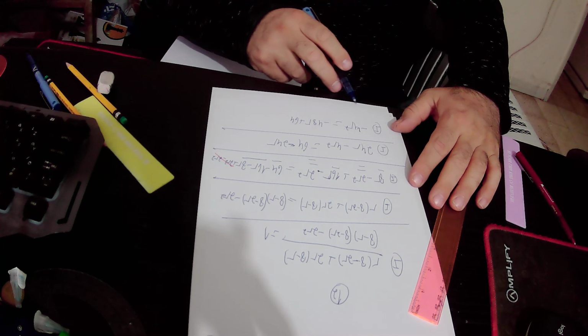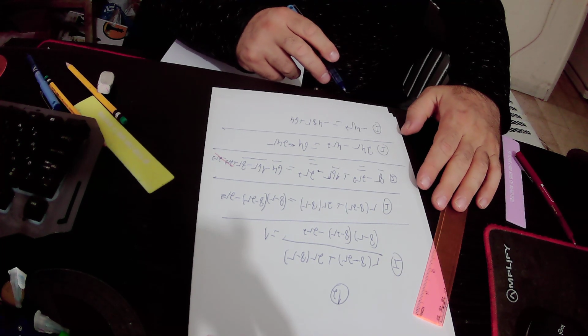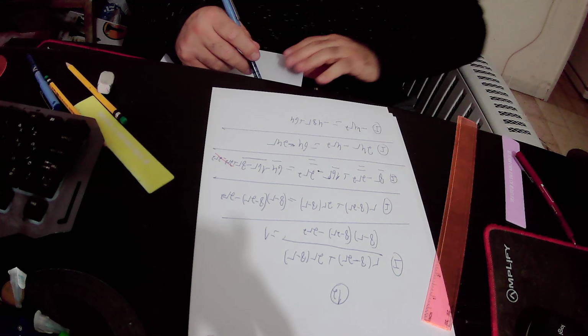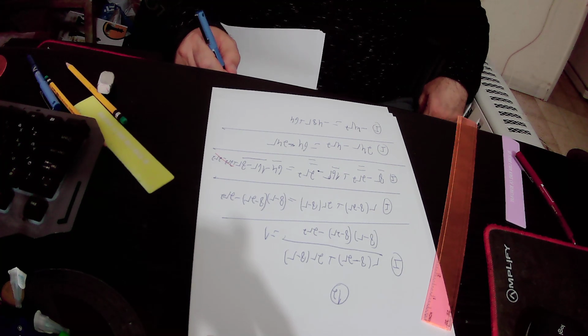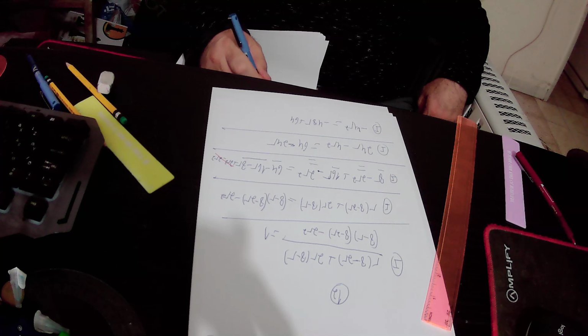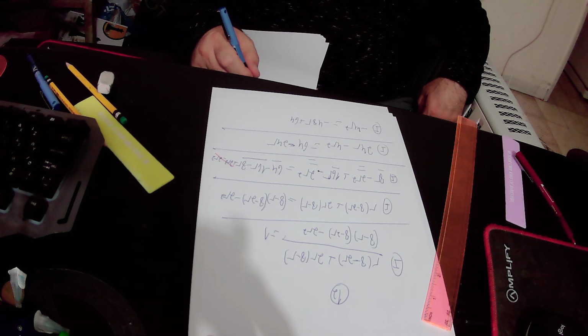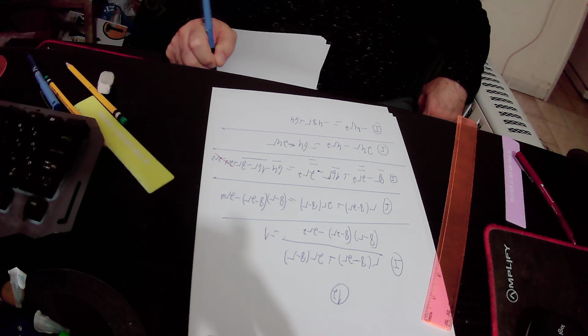So here we will add 4R squared to both sides of the equation. We will get that 4R squared minus 48R plus 64 equals to 0.